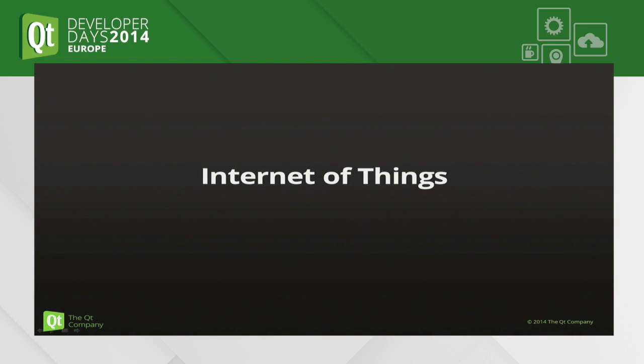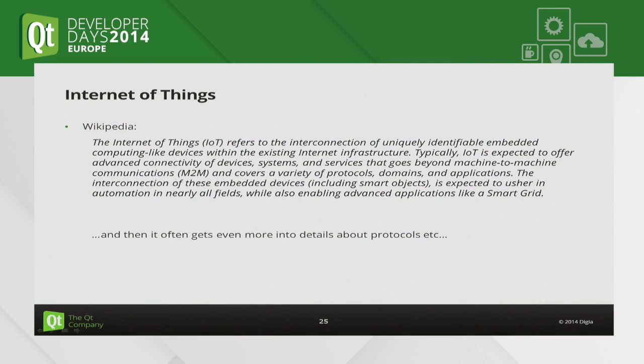Let's talk a bit about the Internet of Things. If you go to Wikipedia and look for what the Internet of Things is, you'll get a huge wall of text, and it focuses a lot on machine-to-machine communications, protocols, domains, and applications.